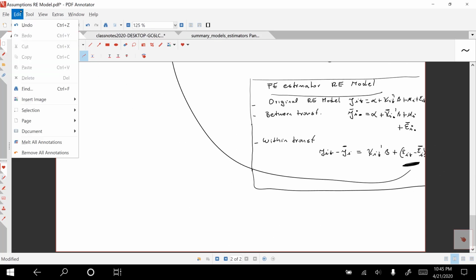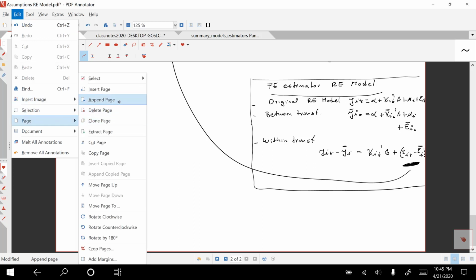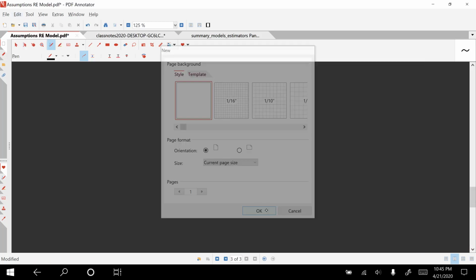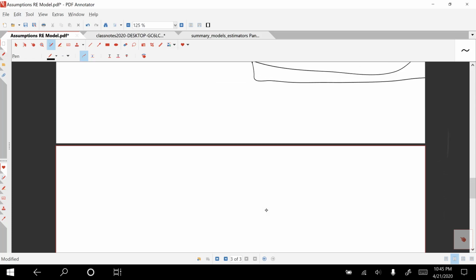Okay, so what about now the individual level errors?